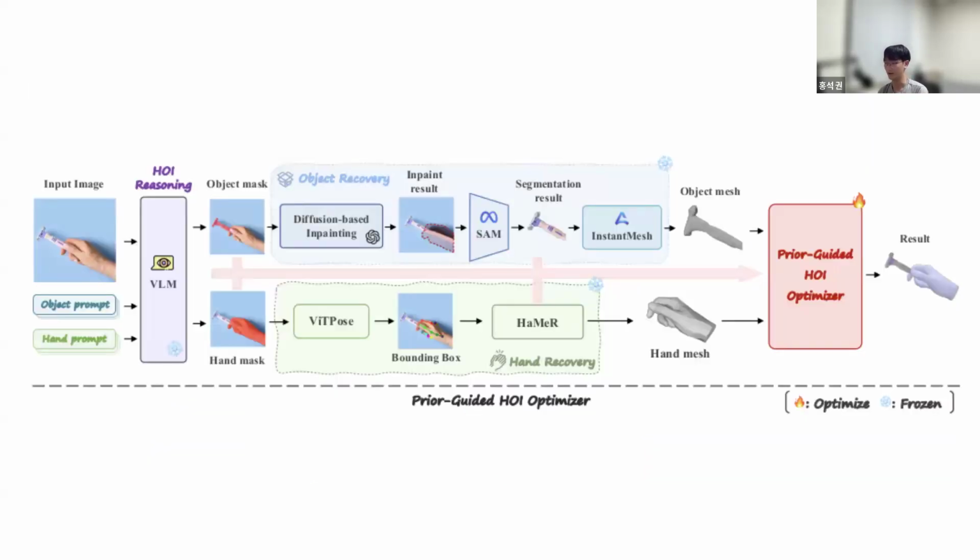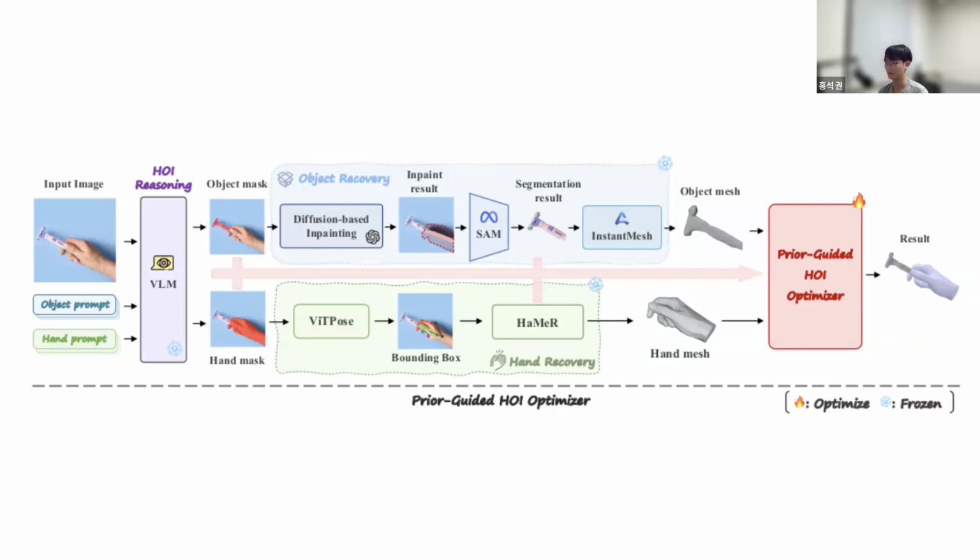This is the pipeline overview. There are two big stages, and the first is initial reconstruction of hand and object. First, using Lisa, they segment hand and object masks. Next, a diffusion model removes and inpaints the hand region.